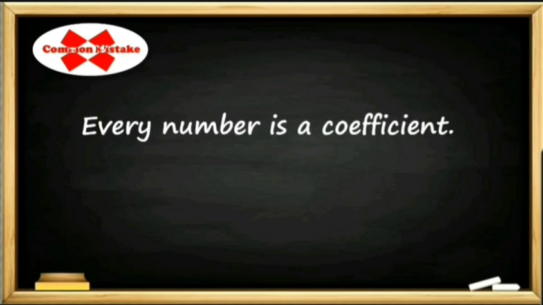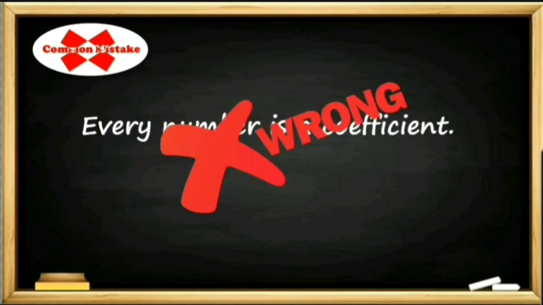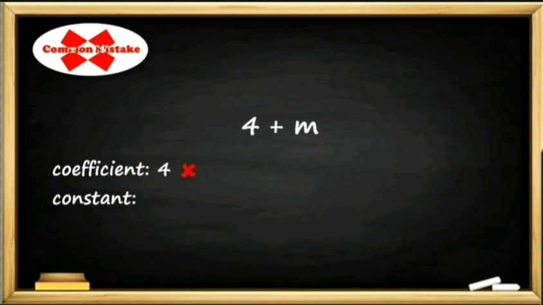Before we move on, let's clean up some common mistakes. One common mistake is thinking every number is a coefficient. For example, in 4 plus m, 4 is not a coefficient. It's a constant because it's not multiplying the variable.